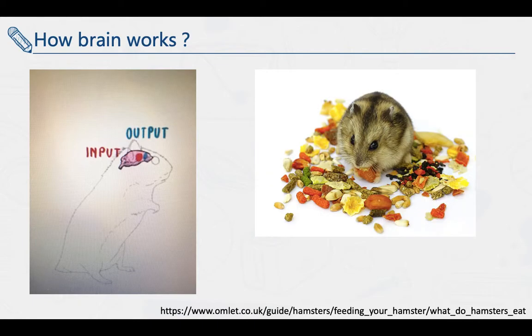When the hamster looks at the food, the input, seeing food, connects directly to the output, eating food. There is nothing else the hamster can come up with, because the only thing it knows from seeing food is eating food.